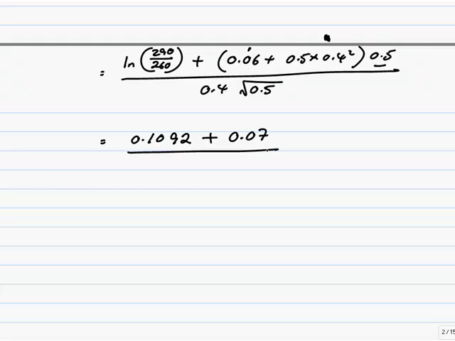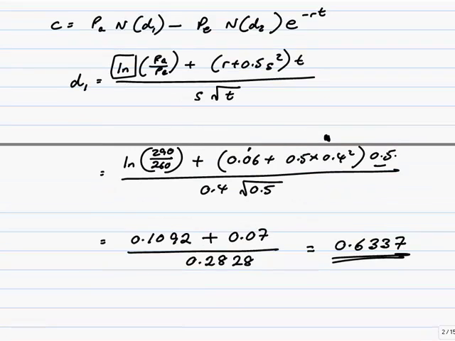Divide by, well, the square root of 0.5, so 0.5 root is 0.7071 times 0.4, I get 0.2828. Finally, for this little bit, 0.1092 plus 0.07 divided by 0.2828 gives me 0.6337. So that's one little bit out of the way. There's D1.